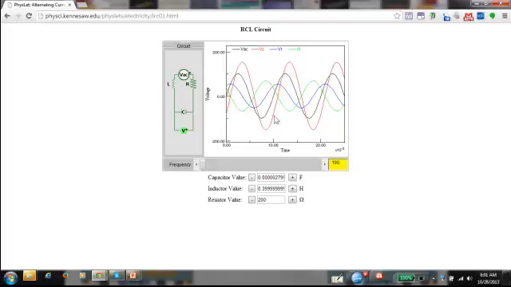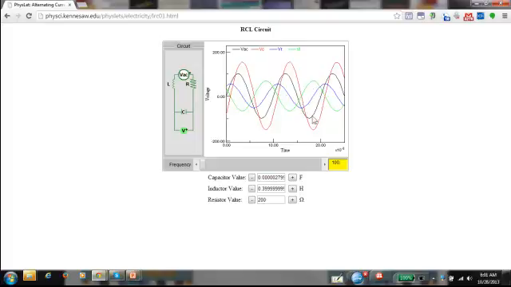Look at the red curve, how it looks bigger than everything. So the red curve is the voltage across the capacitor. What this tells me is VC max is bigger than any of the other Vmaxes. The smallest in this particular case is the blue one, VR max.